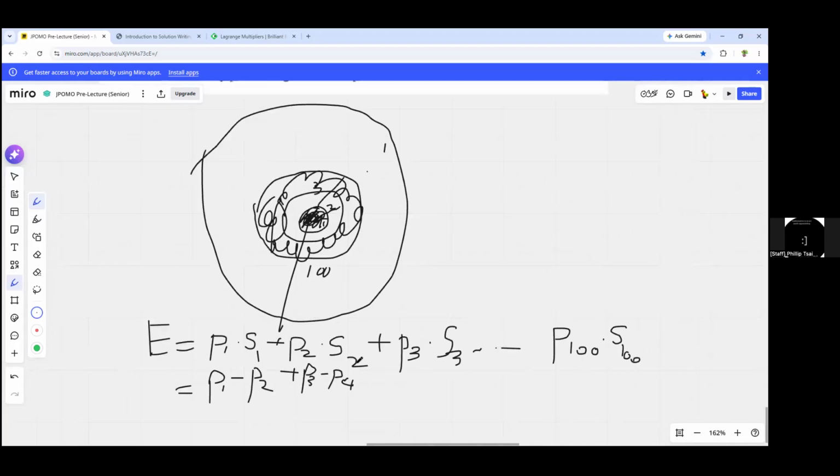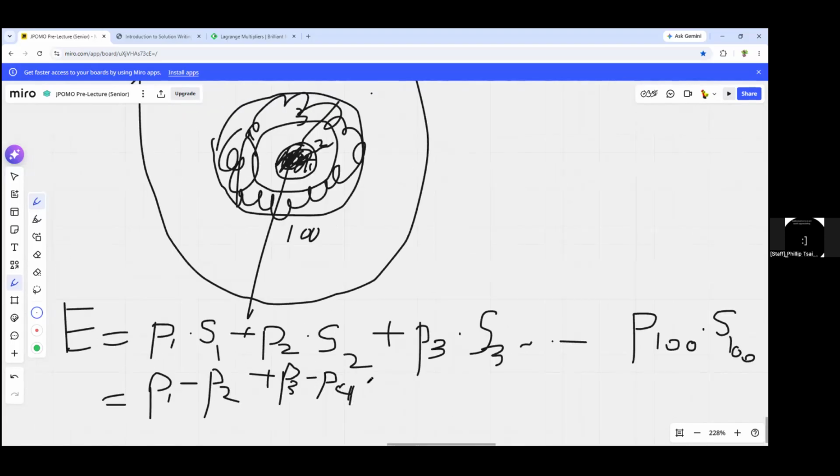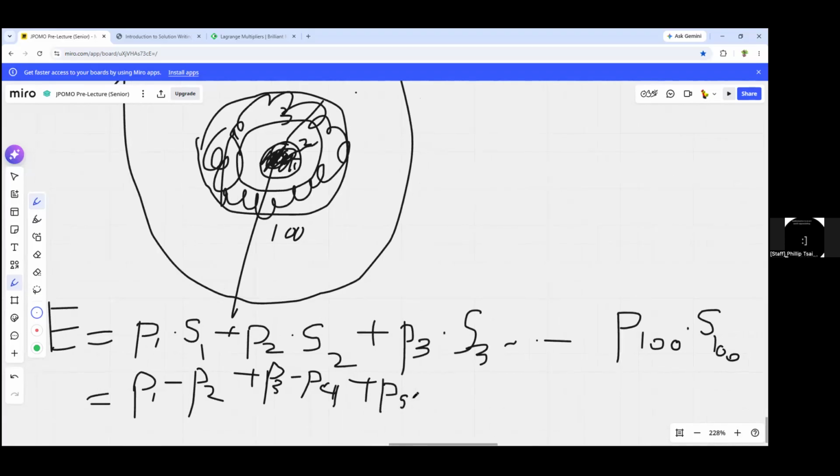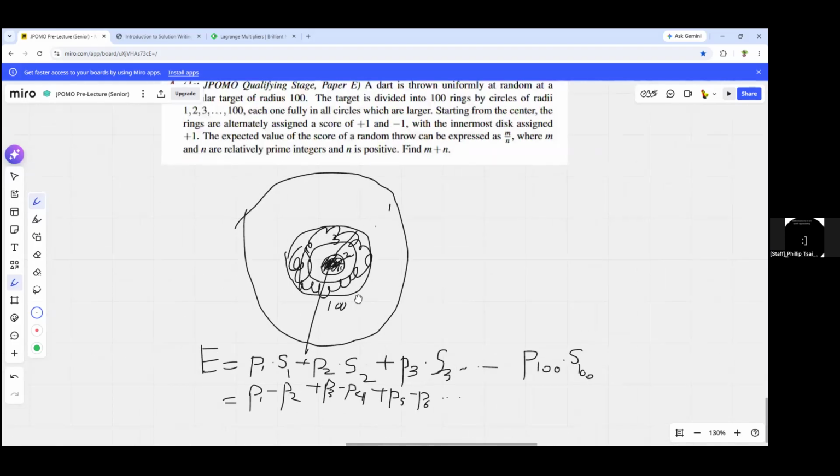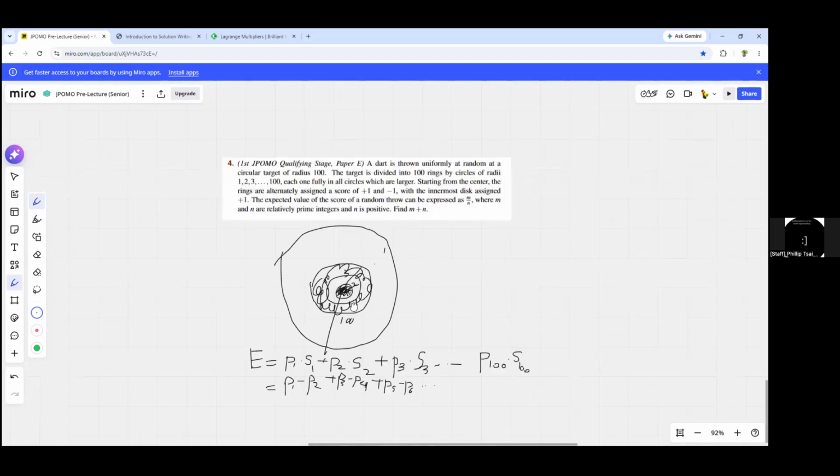But anyways, does anyone have any idea of how to get the probability to hit each ring?